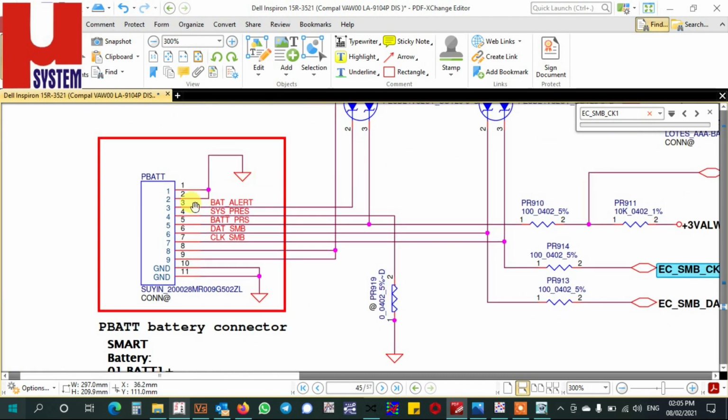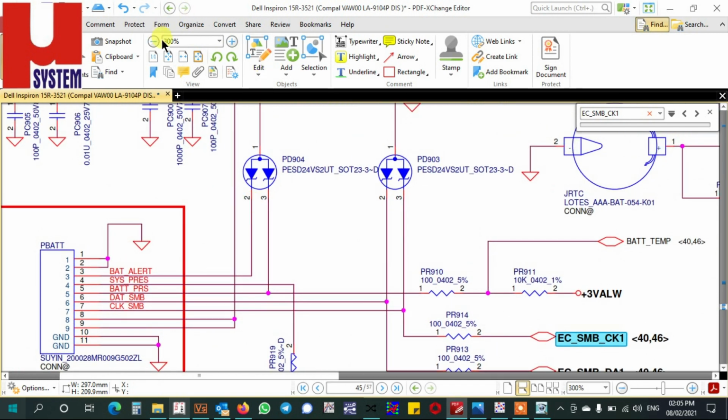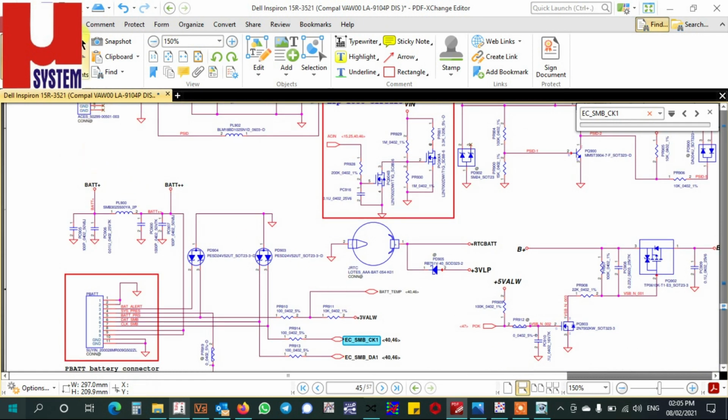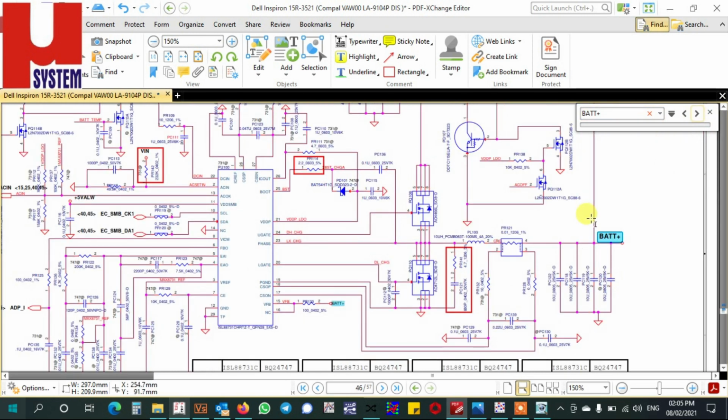As we are able to get this point 1 and 1, 2 and 8 and 9, we are getting 0 ohms resistance. So we will check where they are getting connected. So this will be connected to battery. We are selecting battery plus. So it is showing over here in the schematic.